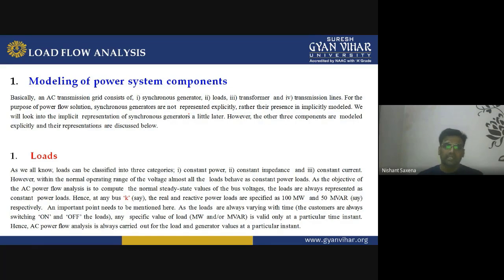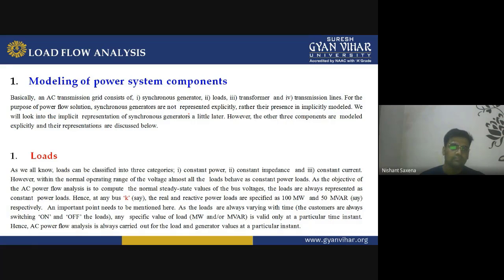Basically, if we go with the modeling of power system components, there are different components connected to the grid, that is, the synchronous generators, the transformers, transmission lines, and so on.